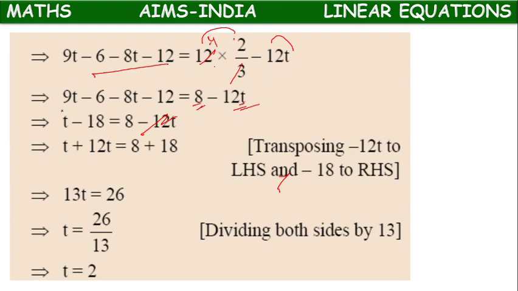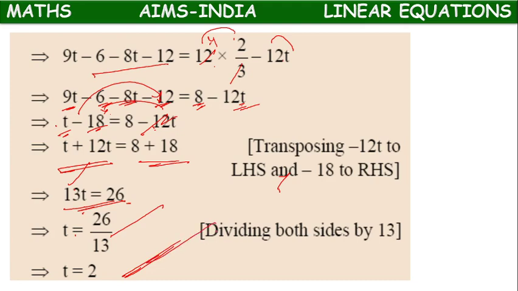Next, 90 minus 80t, minus 6 minus 12, minus 18. This is 8 minus 12t. All t's we take on one side, we transpose minus 12 to that side, t plus 12t. We transpose minus 18 to this side, 8 plus 18, 13t equal to 26. Coefficient is 13. We can divide both sides by 13. So 26 by 13, t value 2 we are getting.